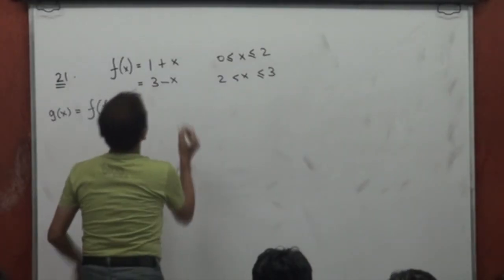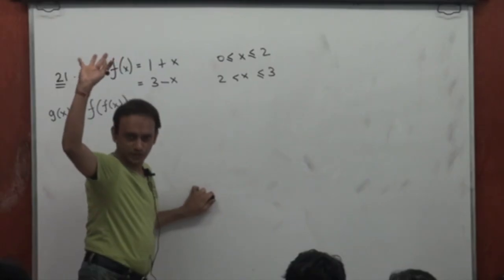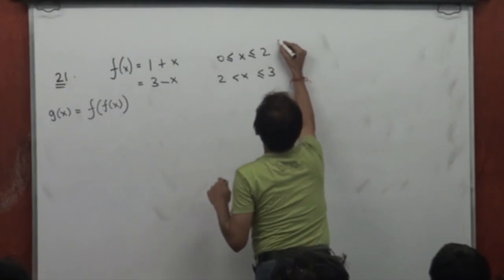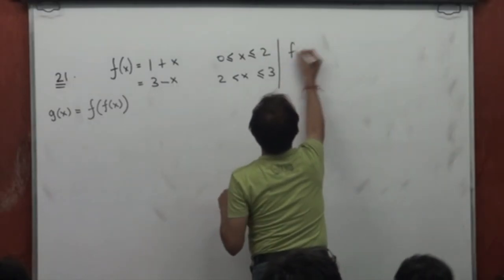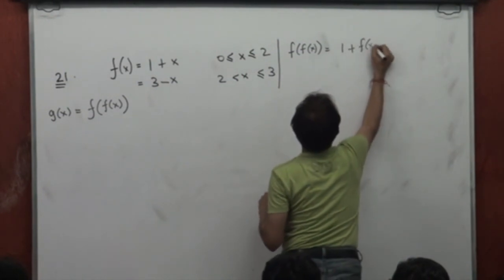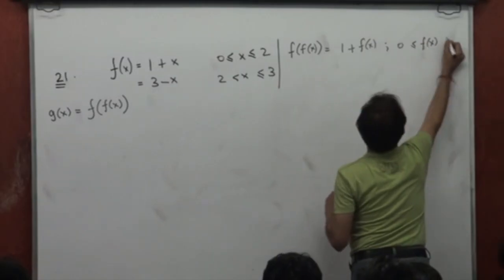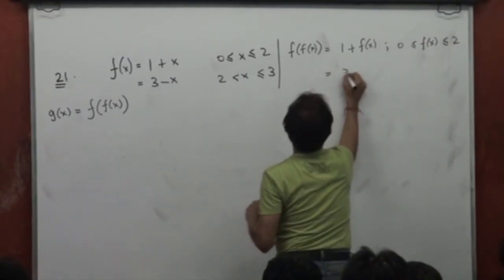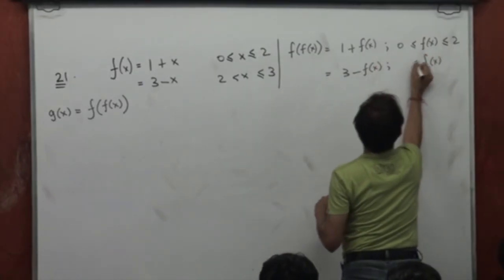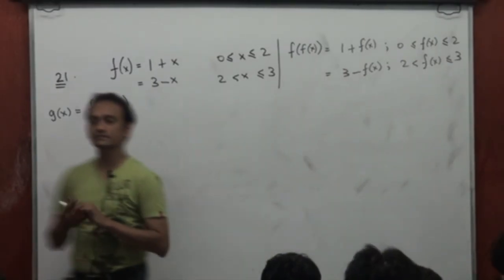Very simple really, because when I say f of f(x), it means replace x by f(x) wherever x appears, right? So f(f(x)) is 1 plus f(x) for f(x) greater than or equal to 0, less than or equal to 2, and is 3 minus f(x) for f(x) greater than 2, less than or equal to 3. That's f(f(x)), right?